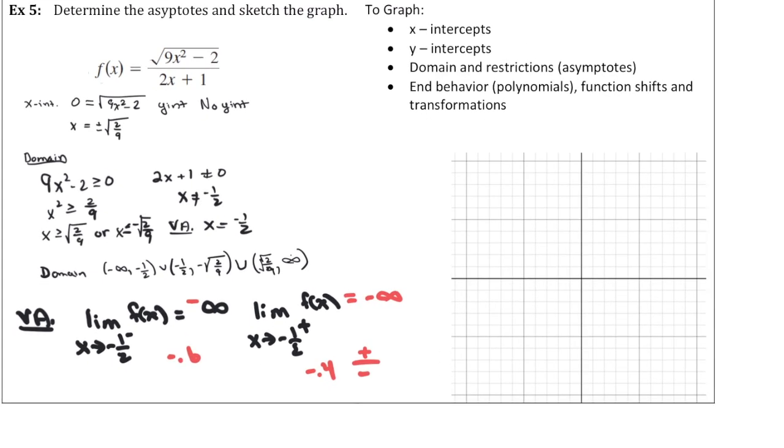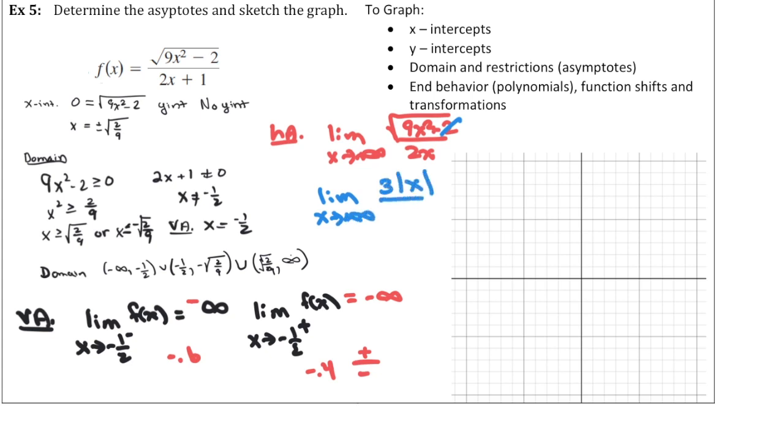What about your horizontal asymptotes? For the horizontal asymptotes, let's think about the limit as x goes to positive infinity of the square root of 9x squared minus 2 over 2x. So the 2 cancels out. You're left with the square root of 9x squared. And as we do an analysis, this is the limit as x goes to positive infinity of 3 absolute value of x over 2 times x.